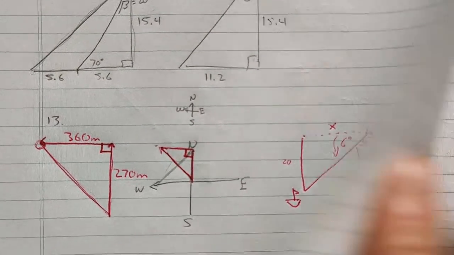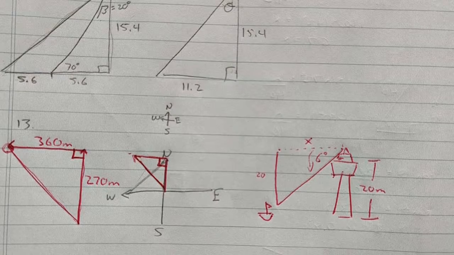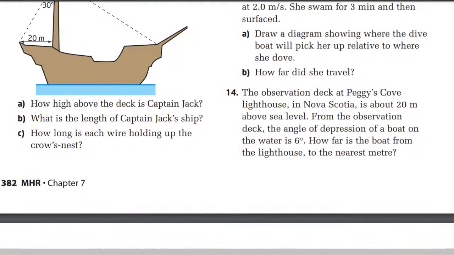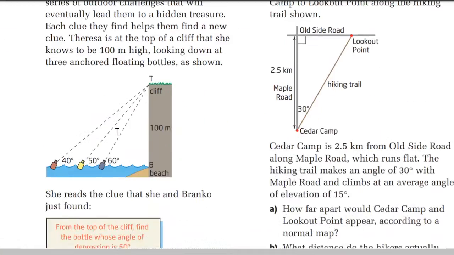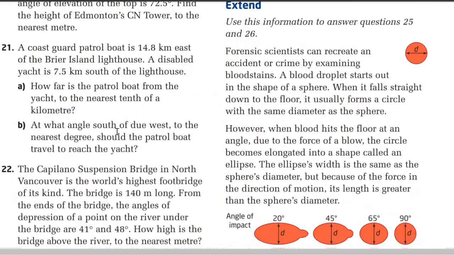Is there any more? 21. Okay, so if we look at 21, just a few pages over. You have the Coast Guard boat is 18 kilometers east of the lighthouse, and a disabled yacht is south of the lighthouse.